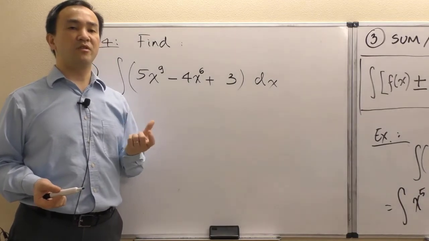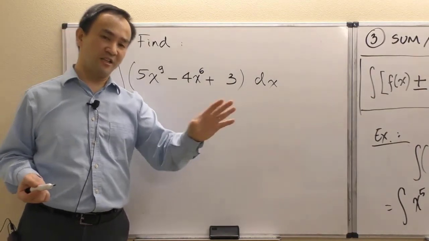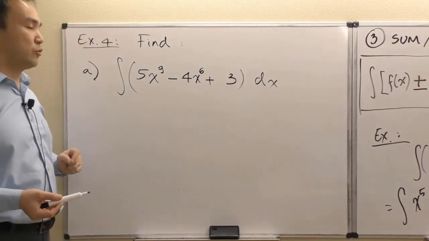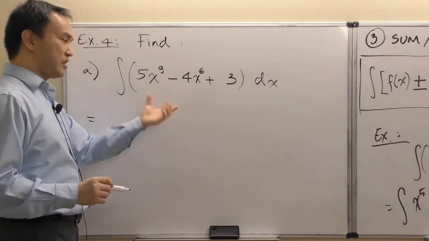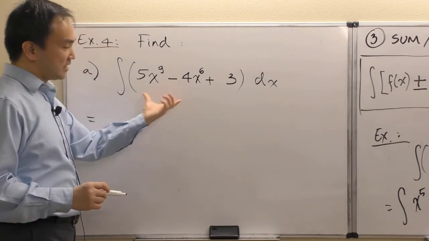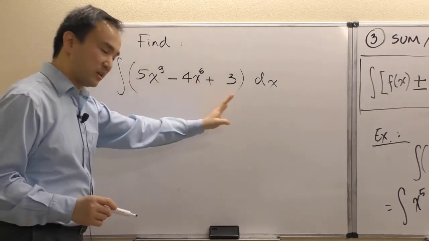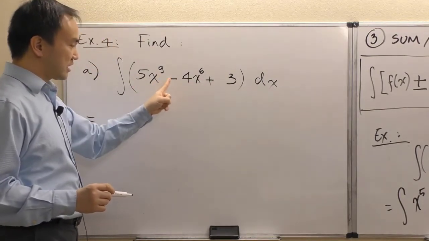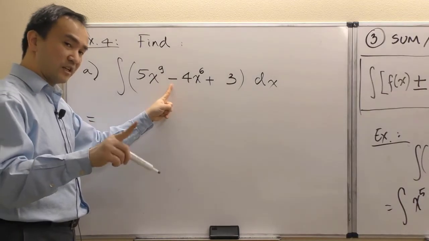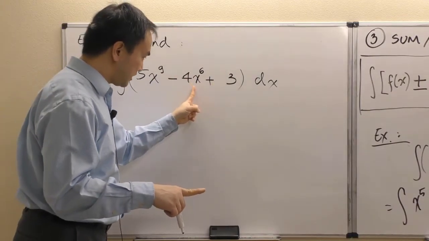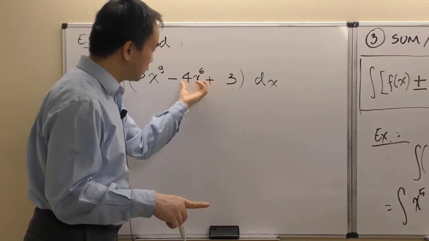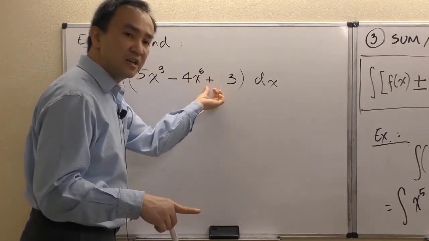Now we're ready to bring in all of our understanding after learning about all the rules. What caught my attention about this function is that it has 3 terms, and the first 2 terms are connected as a difference. And from the second term to the last term, these 2 terms are connected as an addition.